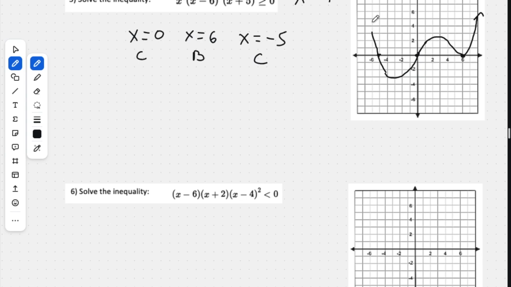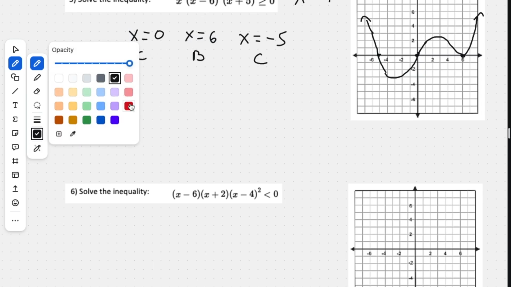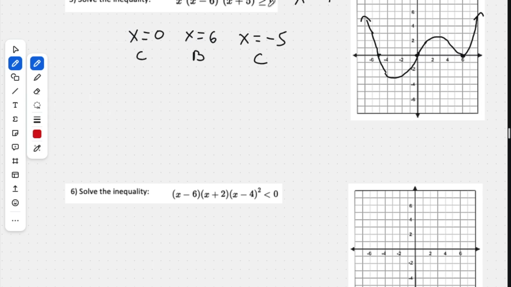And again, don't worry about how high or low you're making the bumps. This is just so you can see where it's above and where it's below. So we want greater than 0, so that would be this region right here. The graph is above.